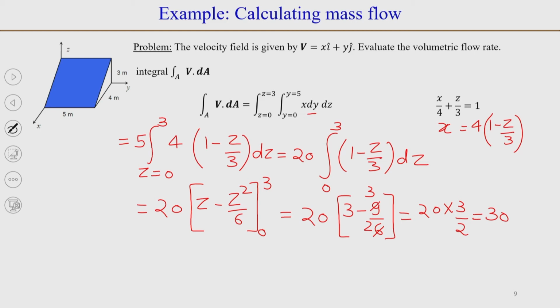So, yeah, let us say that x and y in these are in meters and the velocity is in meters per second. So, if that is the case, then the answer comes out to be 30 meter cube per second. Okay. So, we can write the units here also, 30 meters cubed per second.